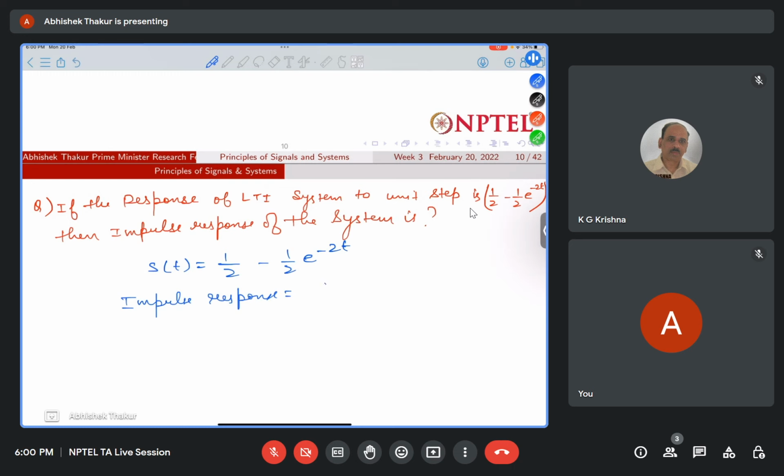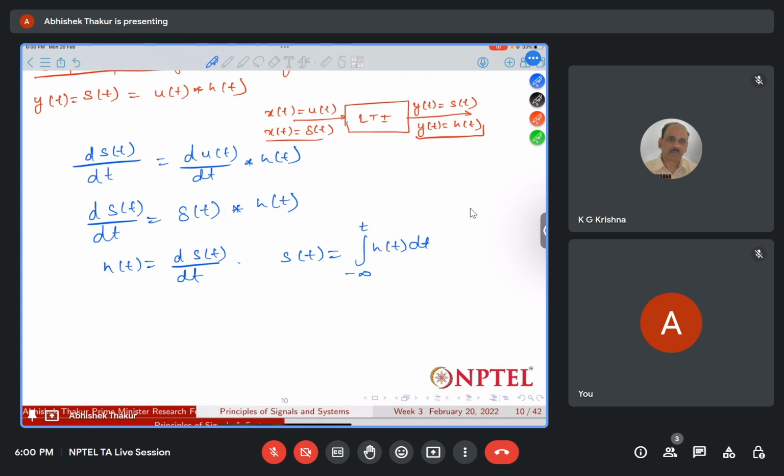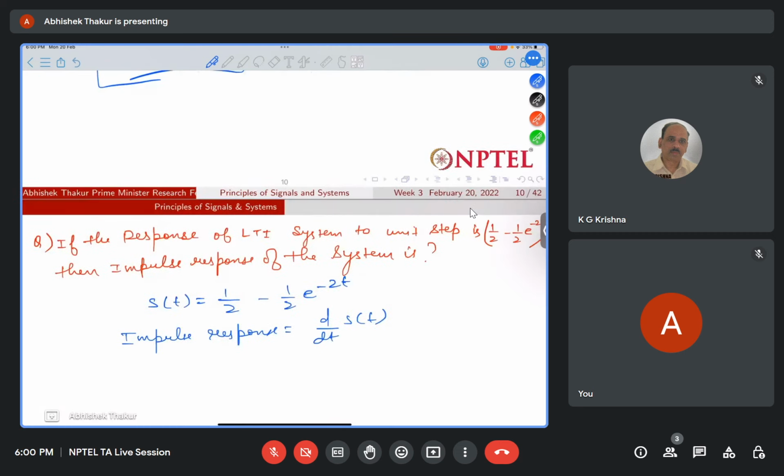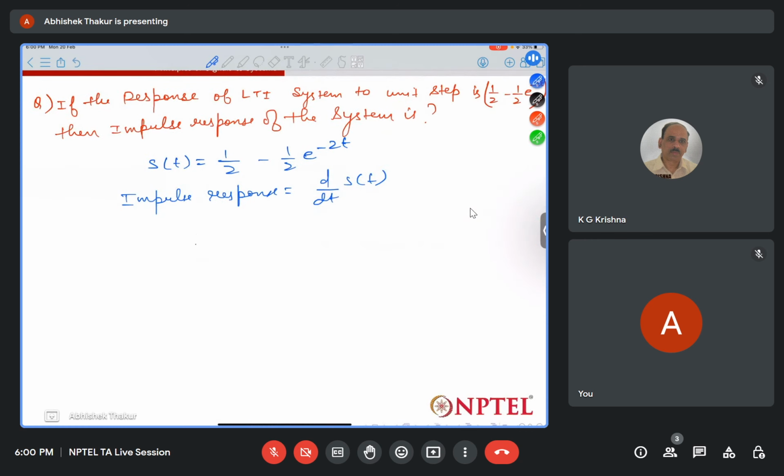The impulse response is equal to d by dt of st. This we have already written here. ht is the impulse response, you can see here. So ht is equal to the derivative of st with respect to time t. So we can simply differentiate it. So the impulse response ht is equal to the derivative of half, which is 0, minus half into minus 2 e to the power minus 2t. So it will be e to the power minus 2t.